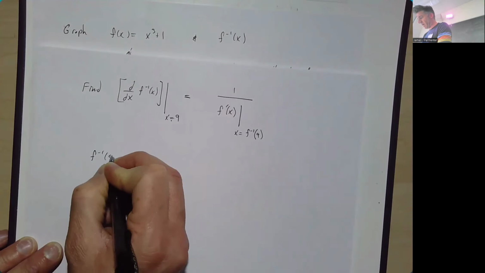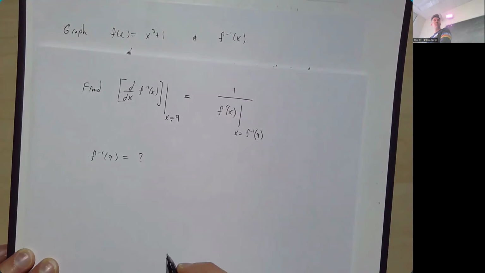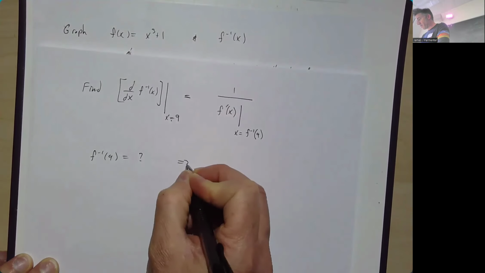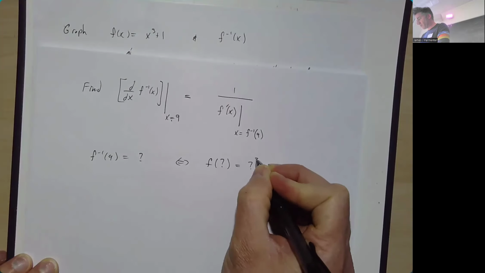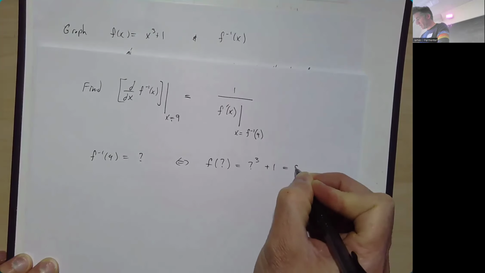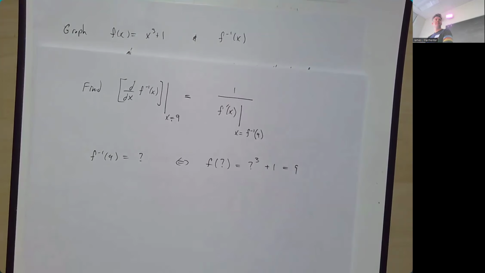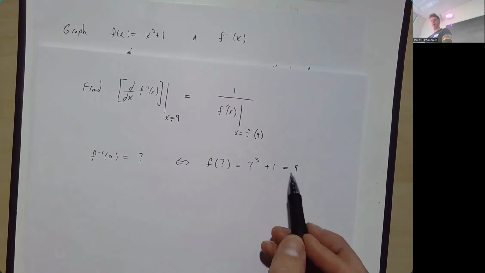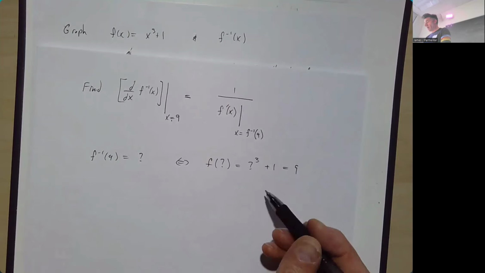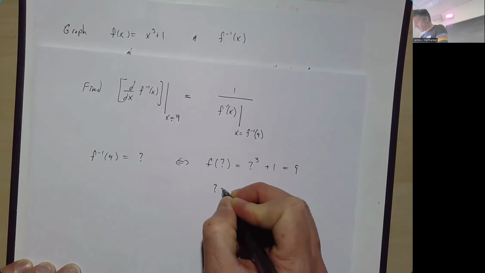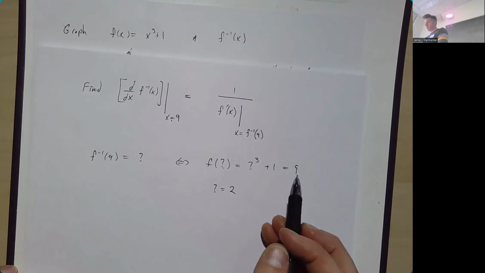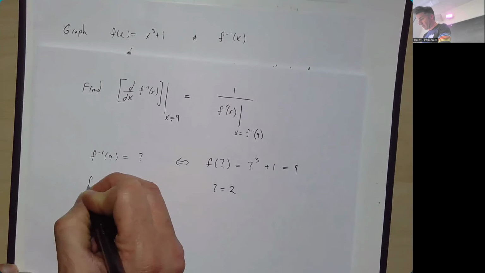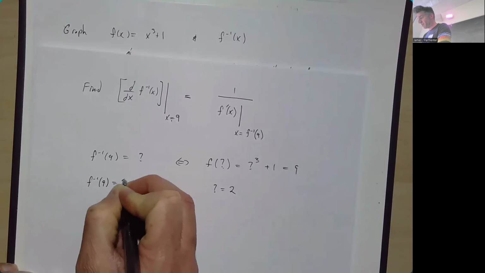The way we usually do this is we say f of what equals 9. What's the only number that makes that work? The question mark has to equal 2, because f of 2 equals 2 cubed plus 1 equals 9, which means f inverse of 9 is equal to 2.